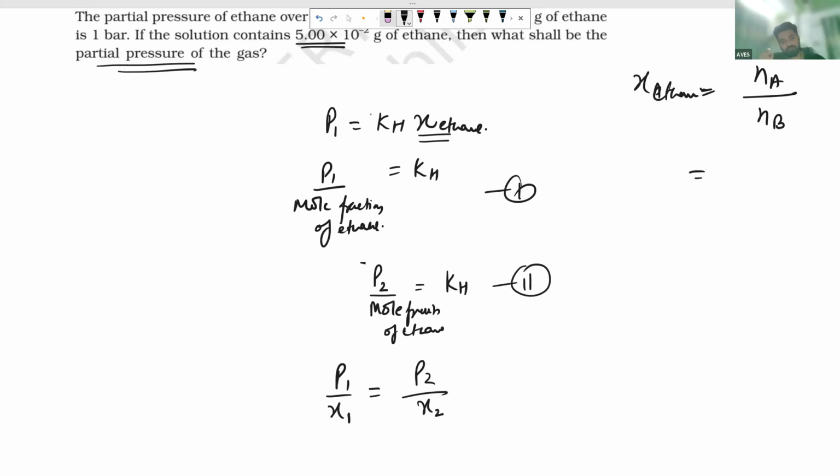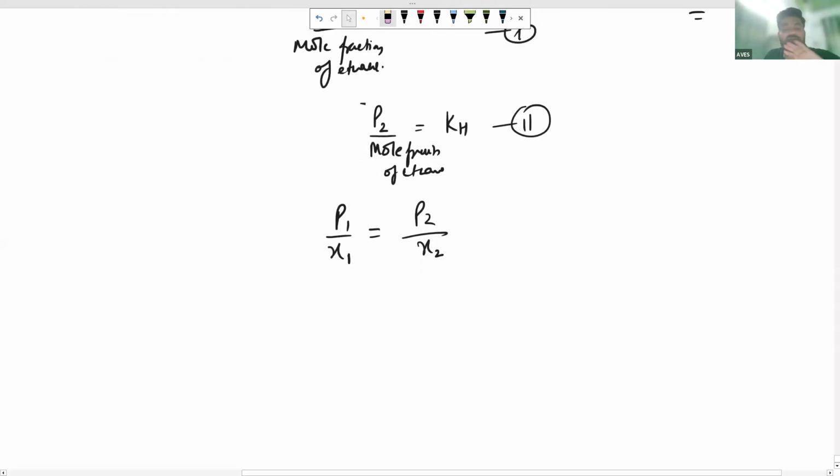Yes, sir. Now just concentrate here. This is important. Now P1 upon, what is the mole fraction of A? You will get the number of moles of A, of ethane in the first case, upon the number of moles of A plus the number of moles of B.